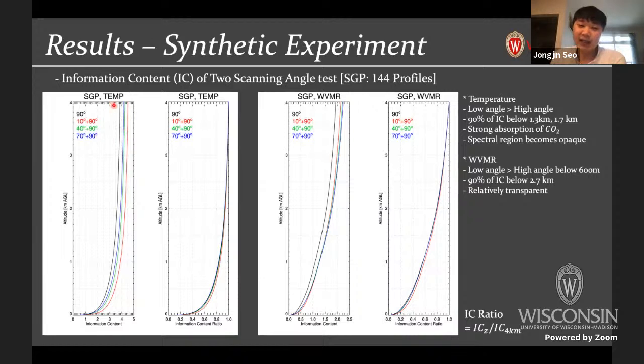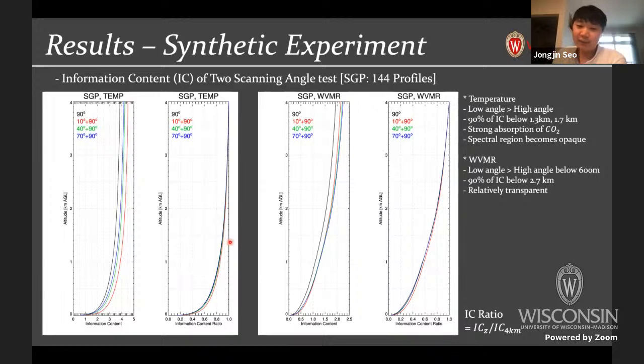First, for the information content of temperatures, adding 10-degree angles has more information content than adding 40 or 70 degrees. And when you look at the information content ratio, most of the information exists below 1.3 kilometers for red and 1.7 kilometers for blue and black.